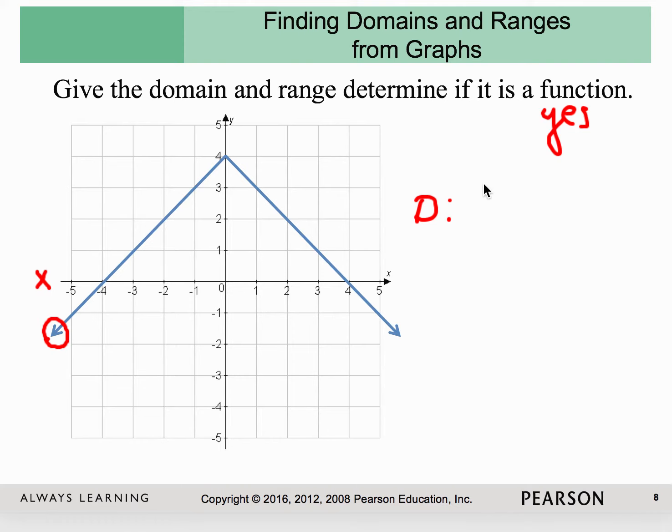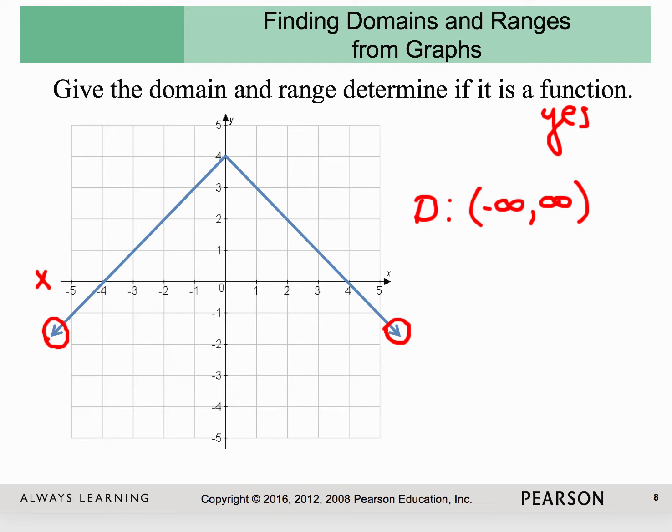So, negative infinity. And then there's graph, graph, graph. The last thing I see is another arrow, meaning it's moving to the right forever, which is positive infinity.